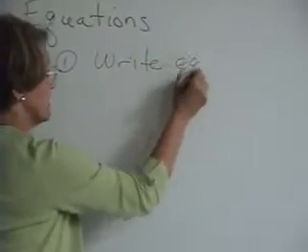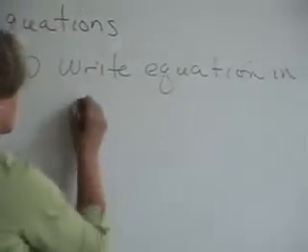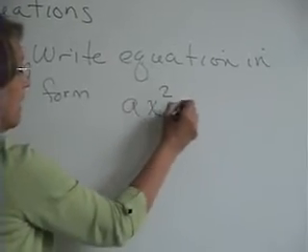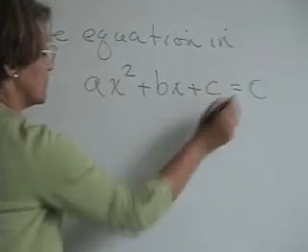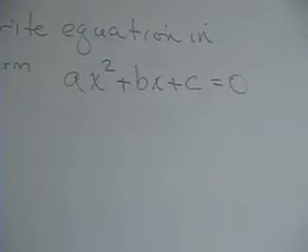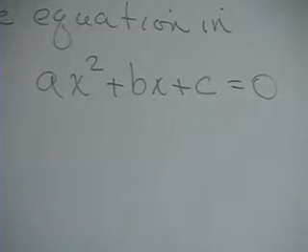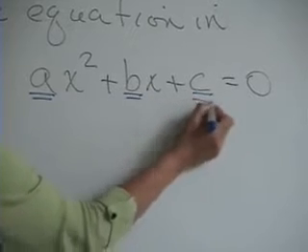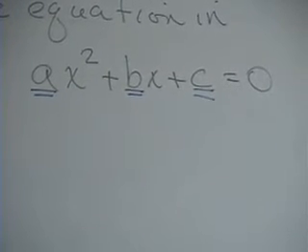So our equation must be in the form ax squared plus bx plus c equals 0. And after we have our equation in this form, we can identify our values of a, b, and c that we will use in the quadratic formula.